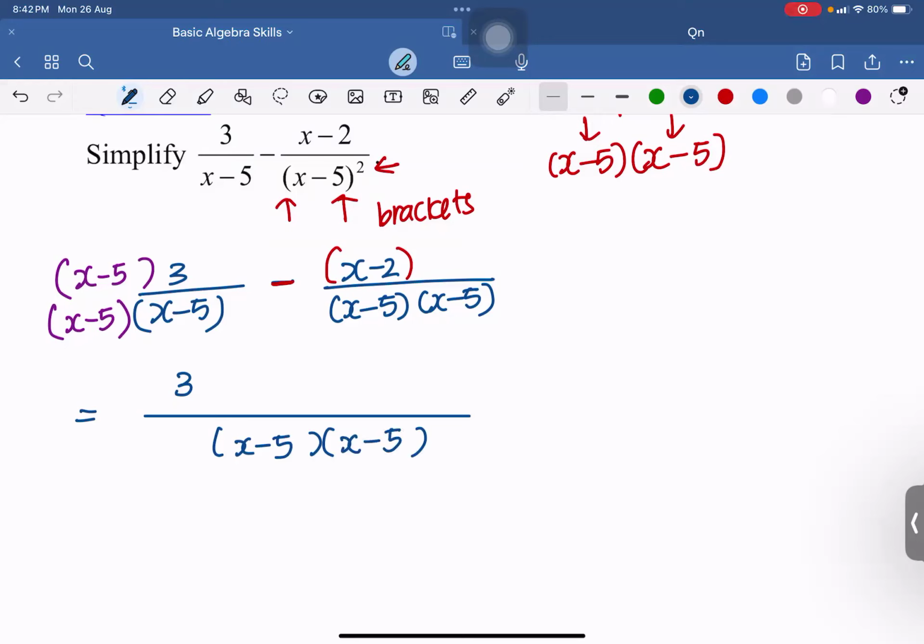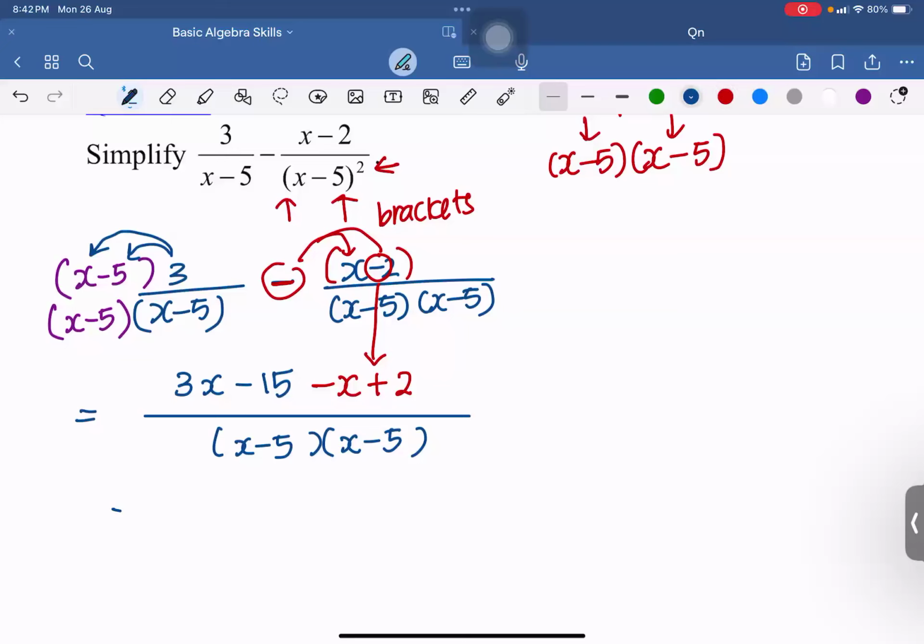Same, repeated. Then now we expand this. We get 3x minus 15. Anyone can tell me what's at the back? Minus x plus 2. Correct. Very good. Take note of the sign, now it becomes plus.